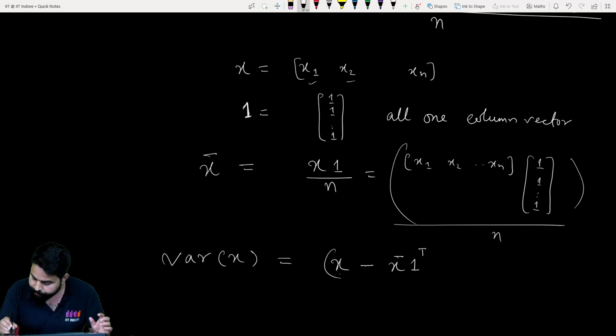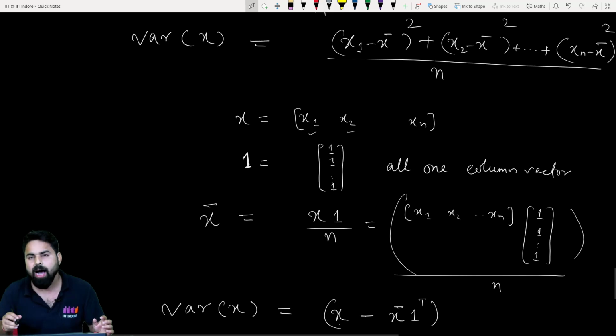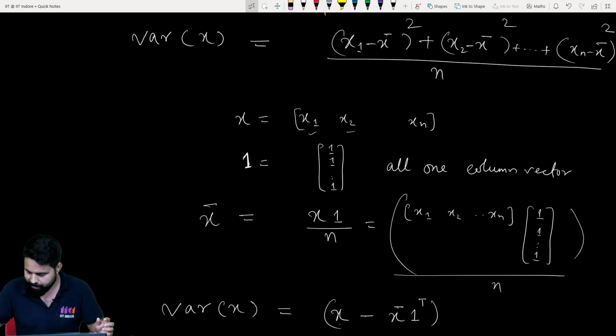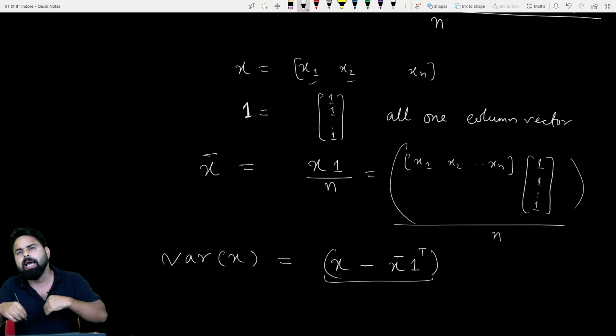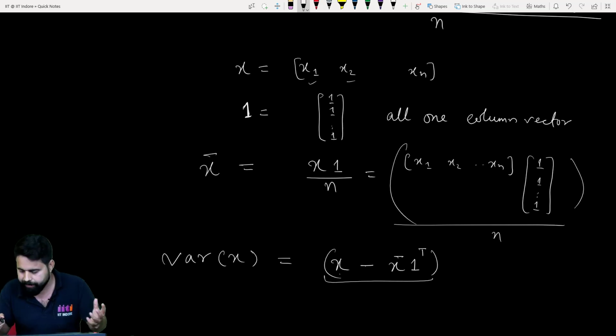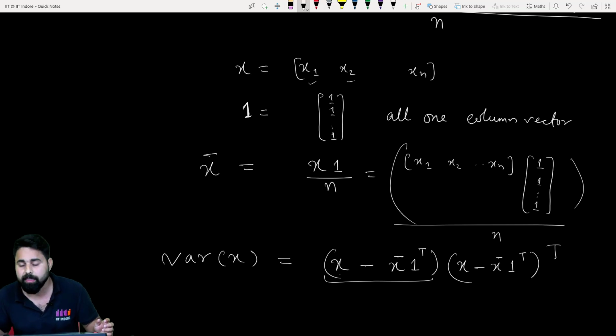Then I have to square these entries. How can I do this? By using matrix or vector multiplication. Because this is a row, I have to multiply it with itself so that the squaring terms are there. So I multiply this with the same quantity, but in transpose. So I take the transpose of it and then divide this whole quantity by n.